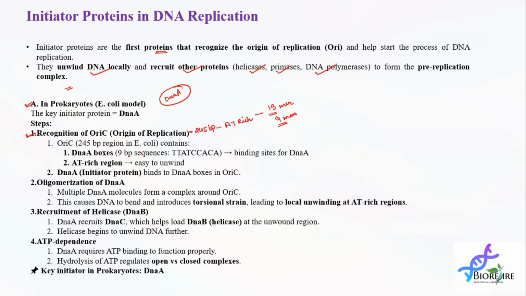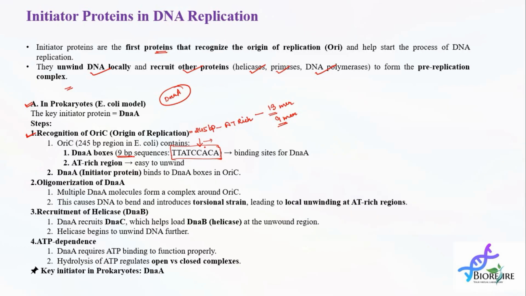DNA A recognizes the 9 base pairs, known as the 9-mer, and this is the sequence TTATCCACA. At this point DNA A will bind. This region is AT-rich, that's why it will easily unwind.